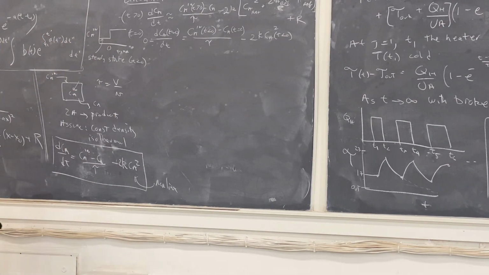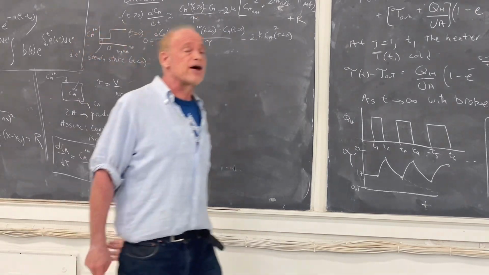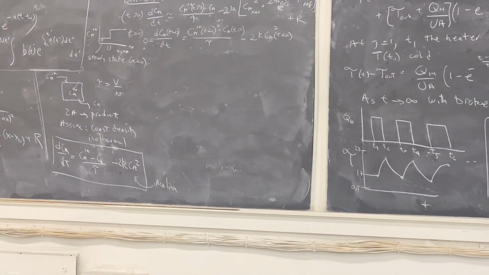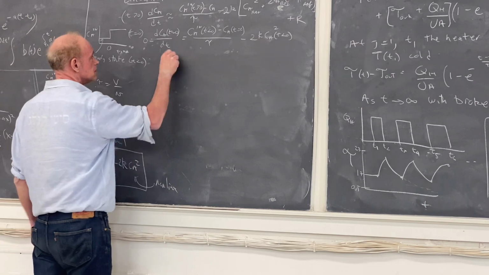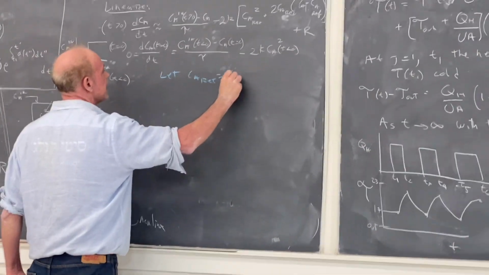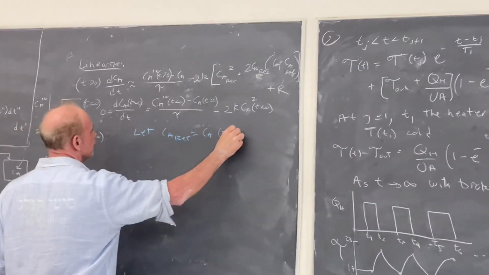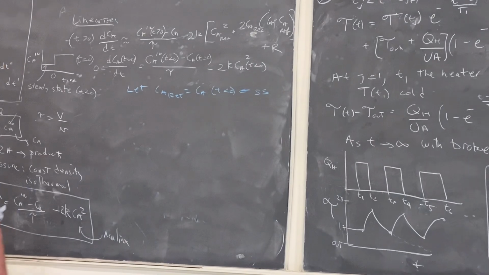So now I say, what reference state should I choose? That is, about what point should I do my linearization? If I choose to do my linearization about, so let's let CA ref be equal to CA at t less than 0, which was steady state. Now that's a choice.